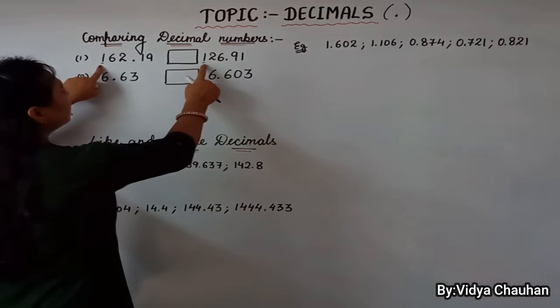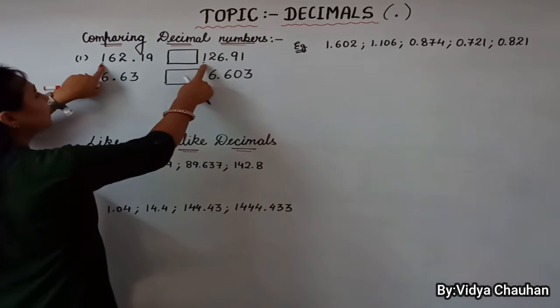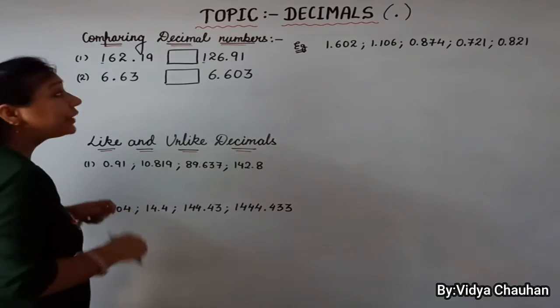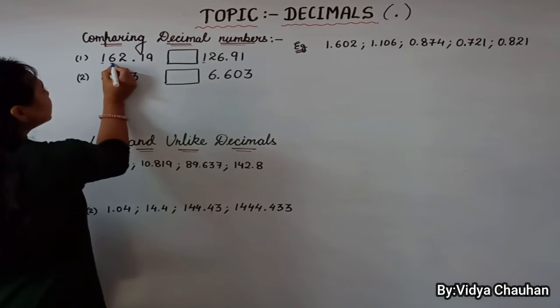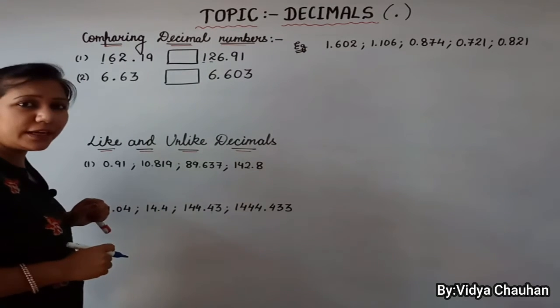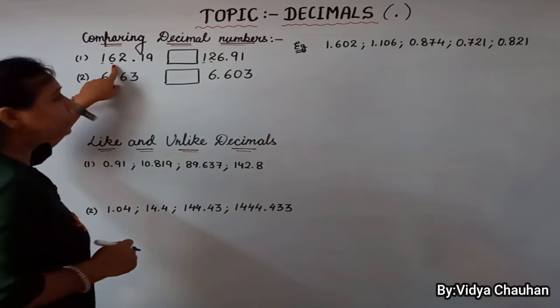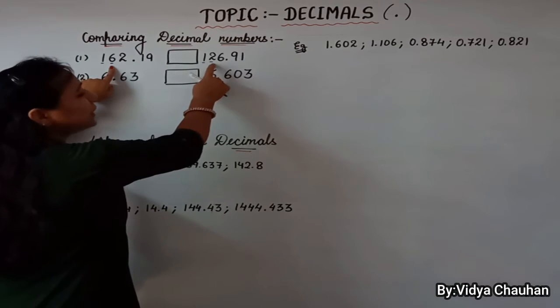What is the digit here? 1 and 1. They both are same. That means the digit at the hundreds place is the same. Now compare the next digit. Here it is 6 and here it is 2. Which is greater? 6 is greater, right? So at this point we come across that 6 is greater than 2.